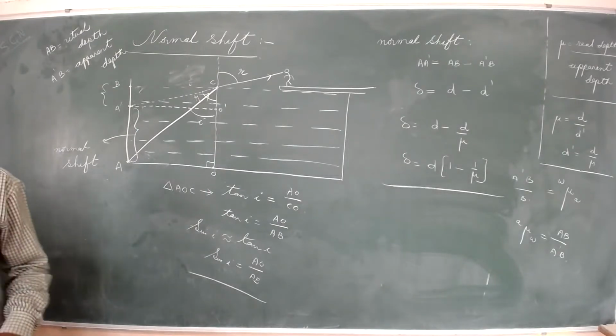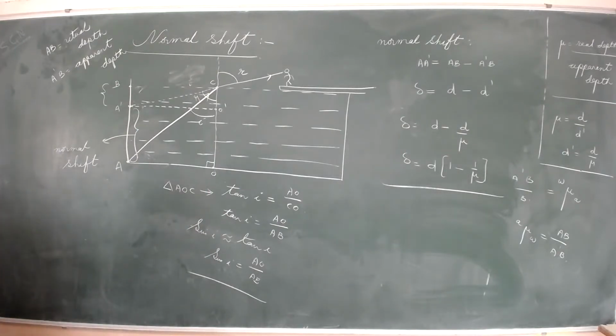In this case, the normal shift is d into 1 minus 1 by mu. So that is called normal shift.